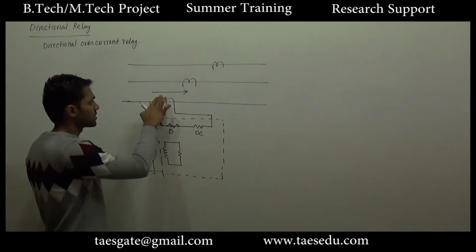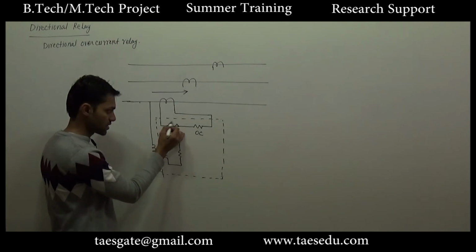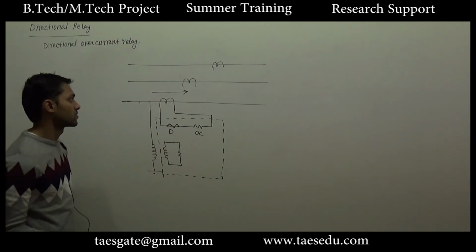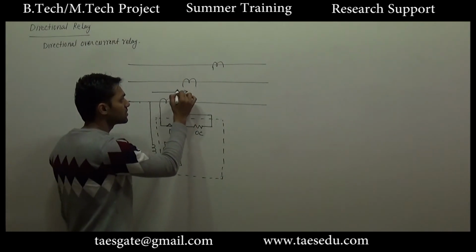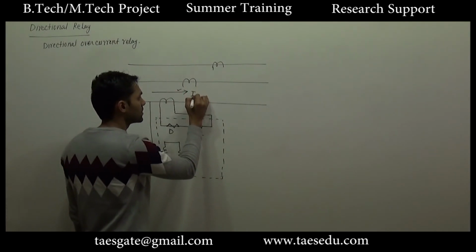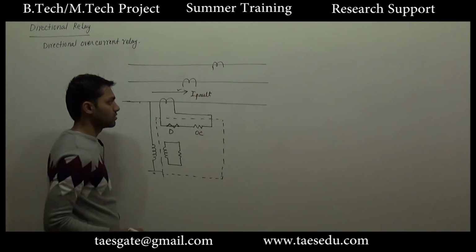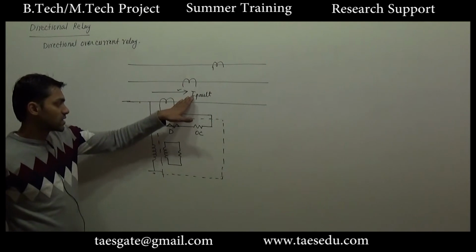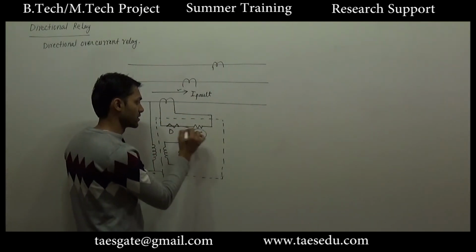So let's say for this direction of current, the directional relay closes its connection. So the circuit is completed. Now if the current in this direction is, let's say, a fault current, then according to the magnitude of the current, this can be detected as a fault current or normal current by this overcurrent relay.